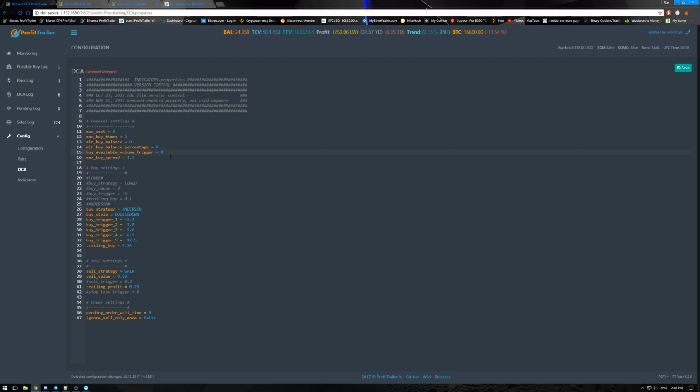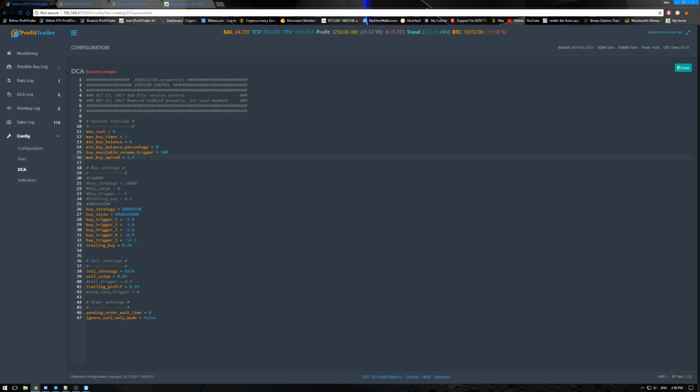If you had this set to 0, it would just buy whatever's on the exchange, in the bid or ask, I'm not sure, whatever. So it'll just buy whatever's there. You set it to 100, which I have, it won't put in a buy order unless there's 100% of what I need on the exchange at the time. A lot of people actually set this to 110, 150, so they make sure they've got well and truly enough volume on the top of the exchange, so you can actually fulfill your order.